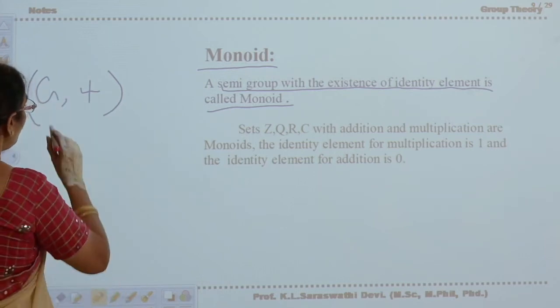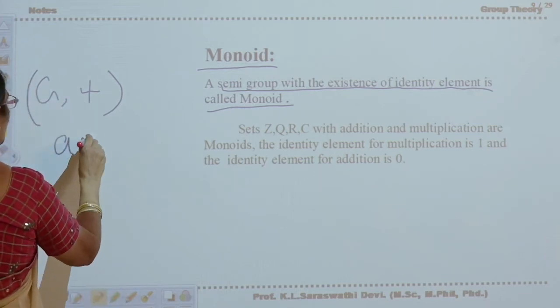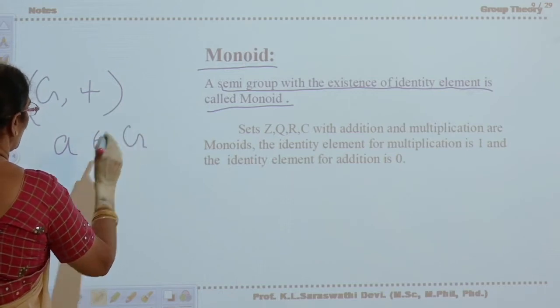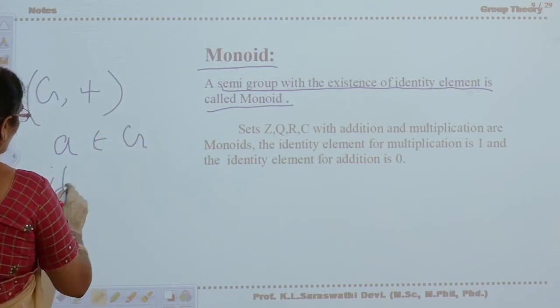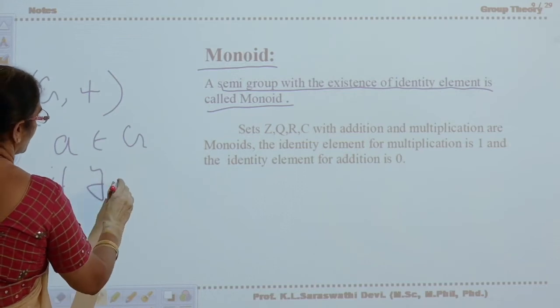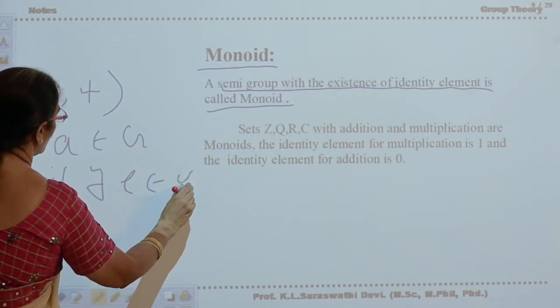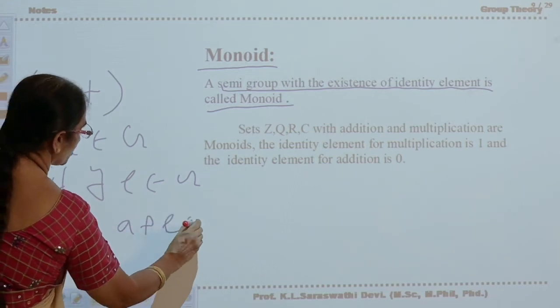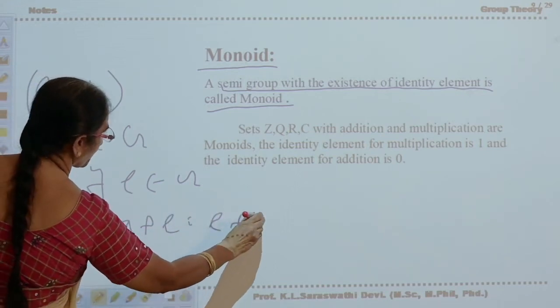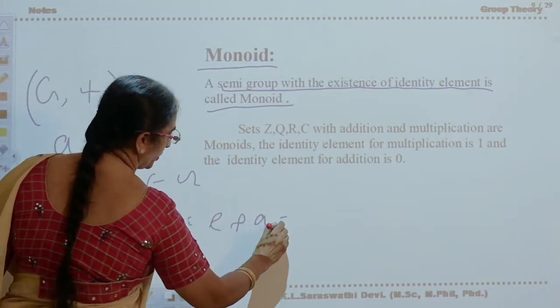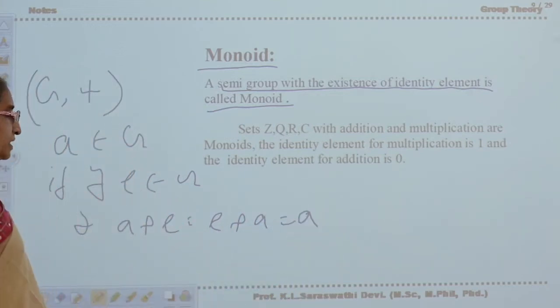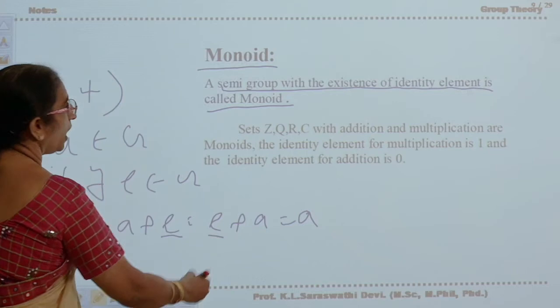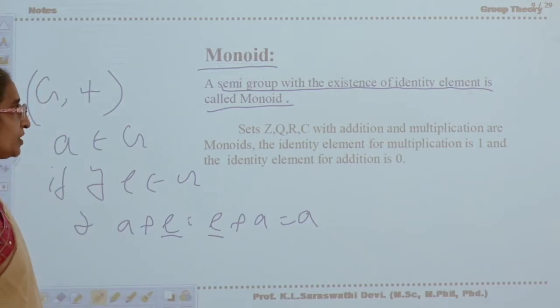If you take any element A belonging to G, and there exists some E belonging to G such that A plus E is equal to E plus A is equal to A, then you will say that E is the identity element.